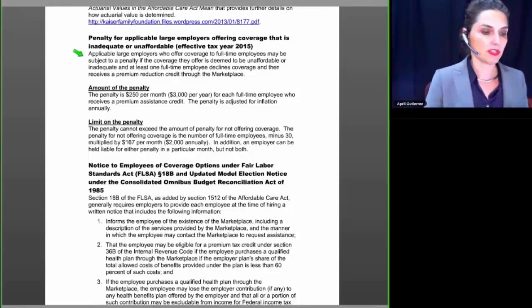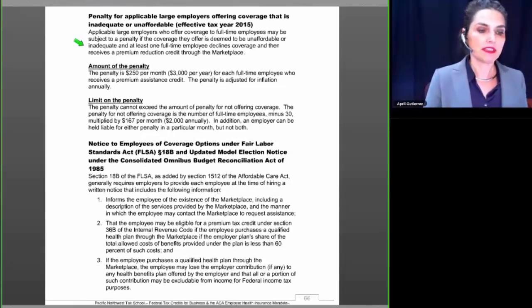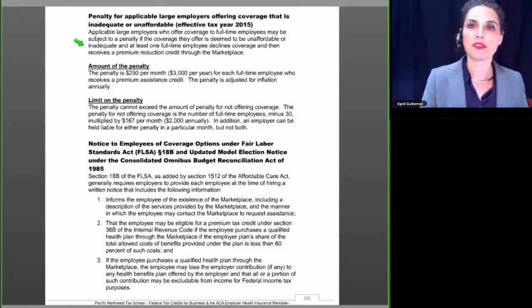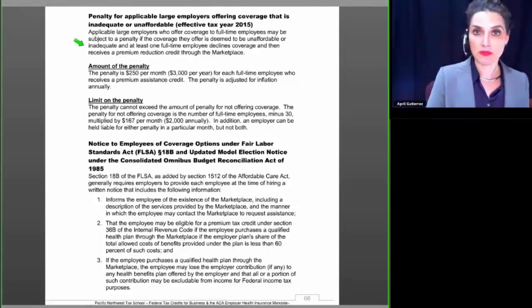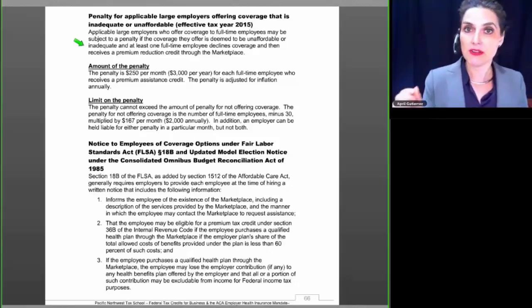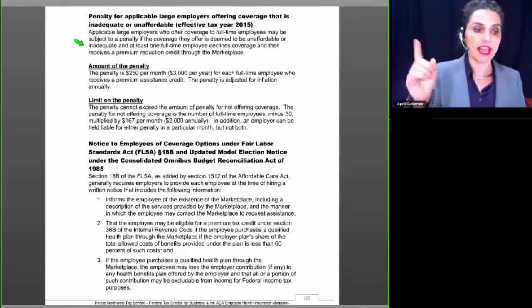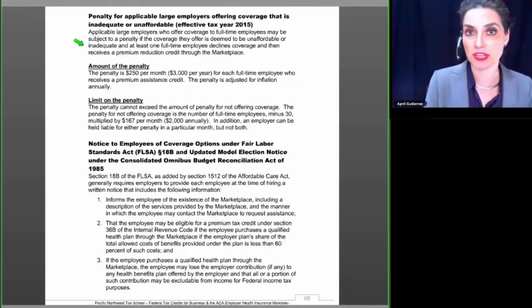into that penalty provision. Applicable large employers who offer coverage to full-time employees may be subjected to a penalty if the coverage they offer is unaffordable or inadequate, and at least one full-time employee declines coverage because it is inadequate or unaffordable, and then goes to the marketplace, purchases health insurance on the marketplace, and claims a premium reduction credit.